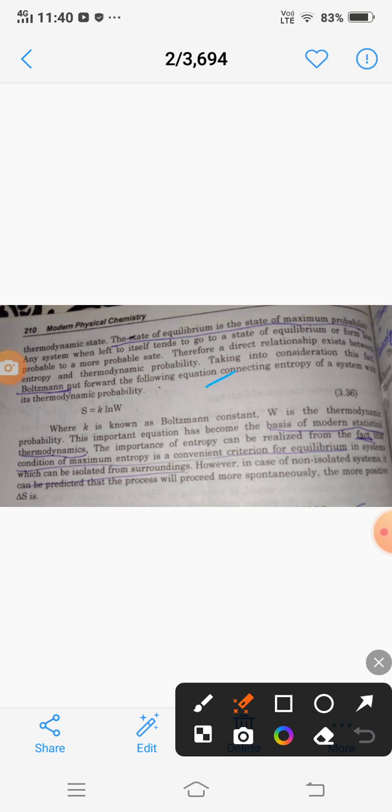It shows that entropy is directly related to the thermodynamic probability, which corresponds to the equilibrium state.